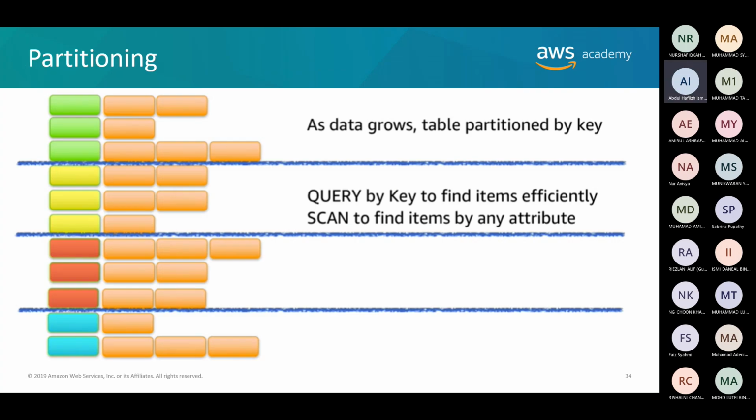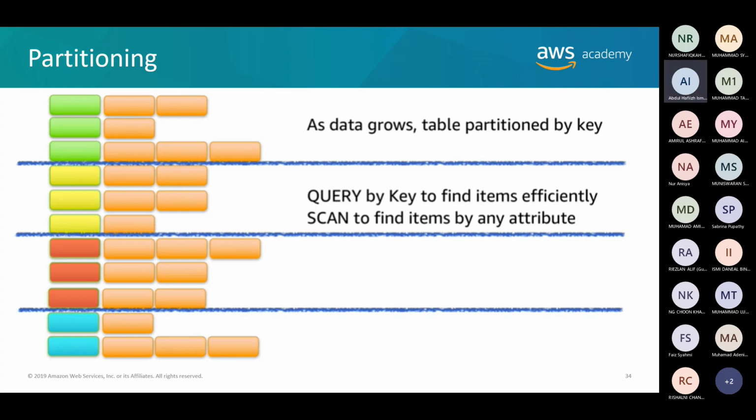So as data grows, table data is partitioned and indexed by the primary key. You can retrieve data from a DynamoDB table in two different ways. In the first method, the query operation takes advantage of partitioning to effectively locate items by using the primary key.